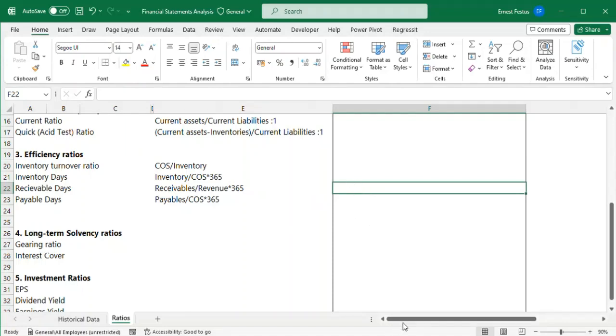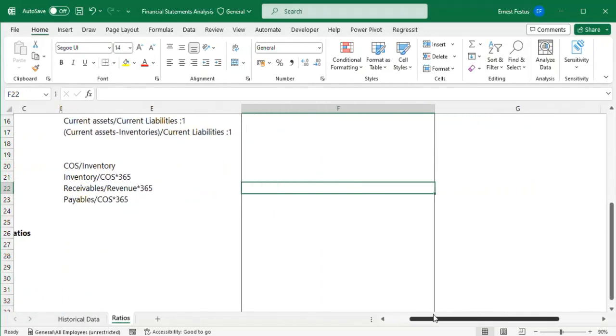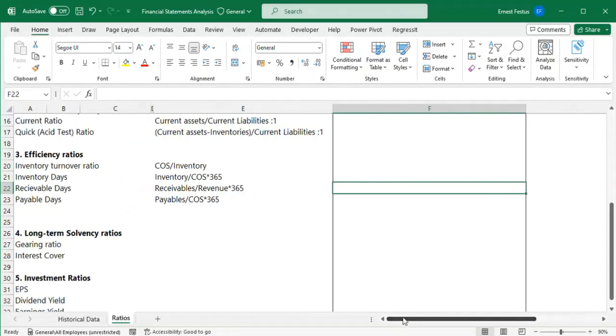That is the receivable days, and we are associating it with revenue because revenue is as a result of receivables.